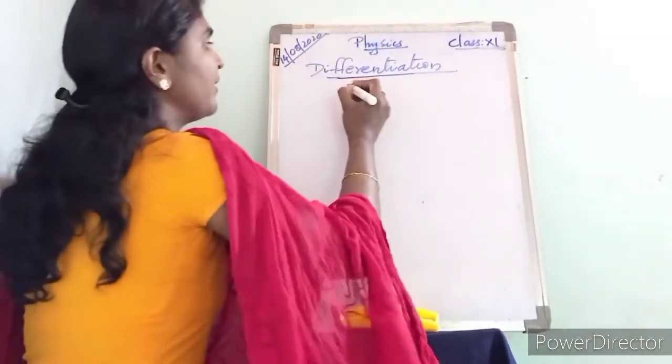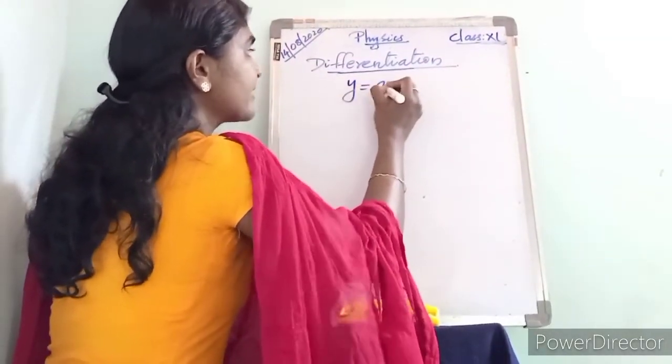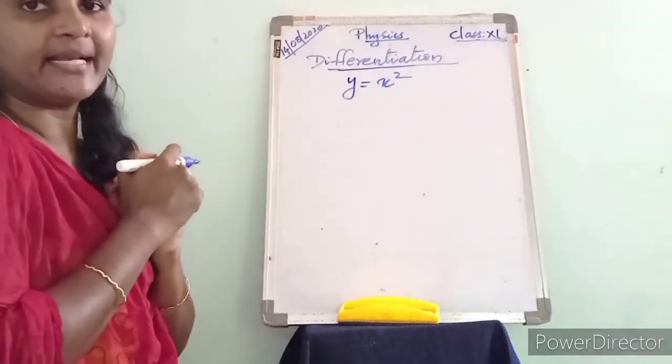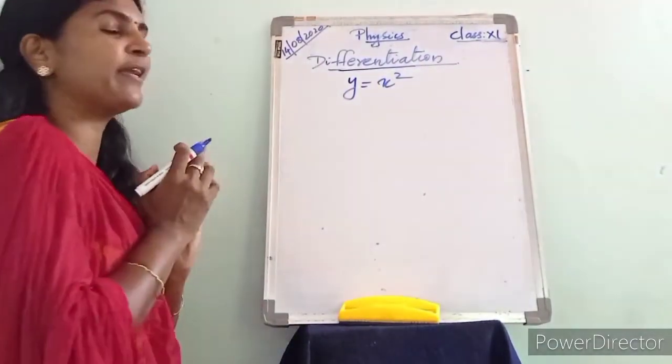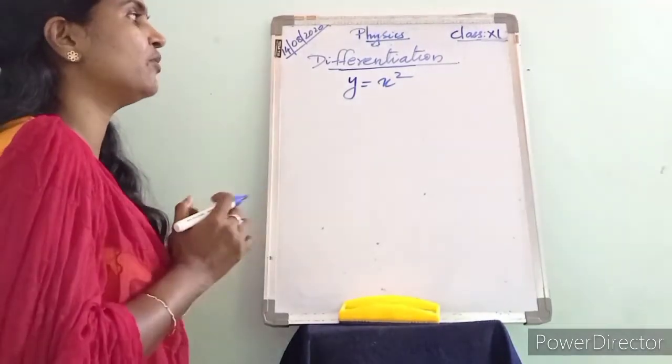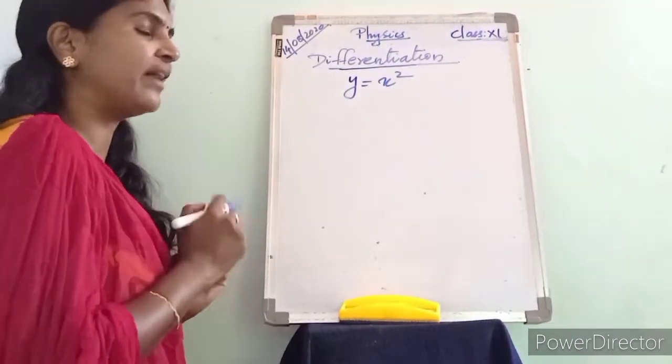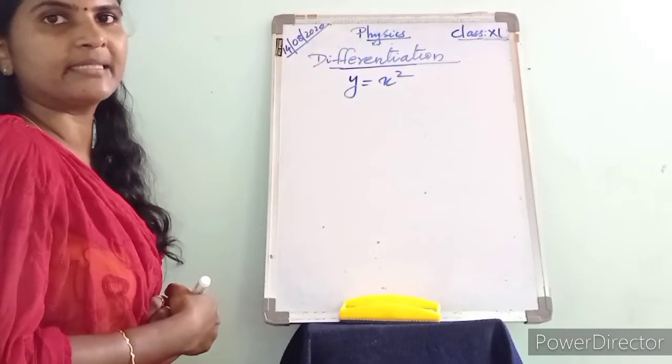Next, we consider the function y equal to x square. We have to find dy by dx. If y equals x square, then we have to find dy by dx.